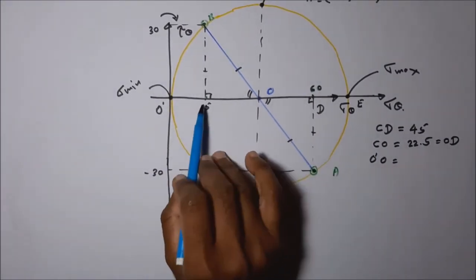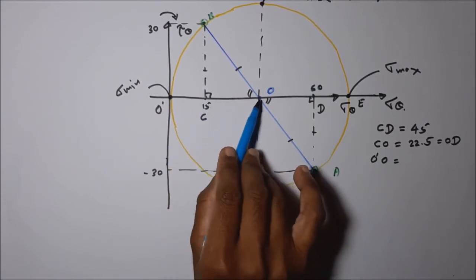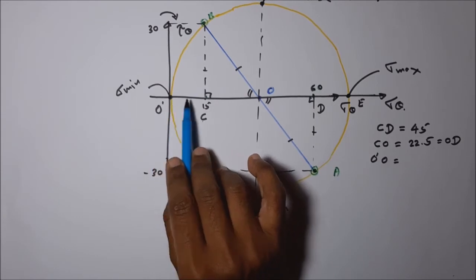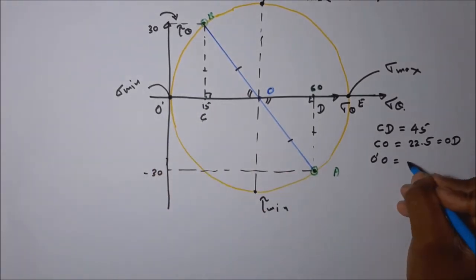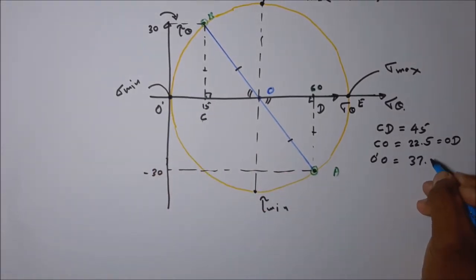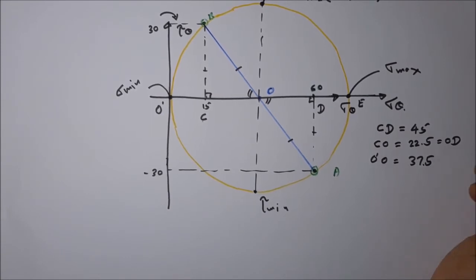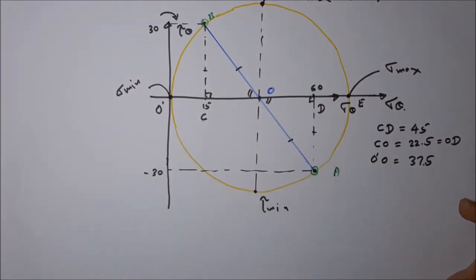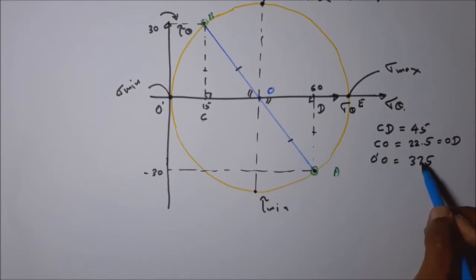If CO is equal to 22.5, and this is 15, O dash O is equal to 37.5. Okay, then very easily we can obtain these values. O dash O is equal to 37.5.